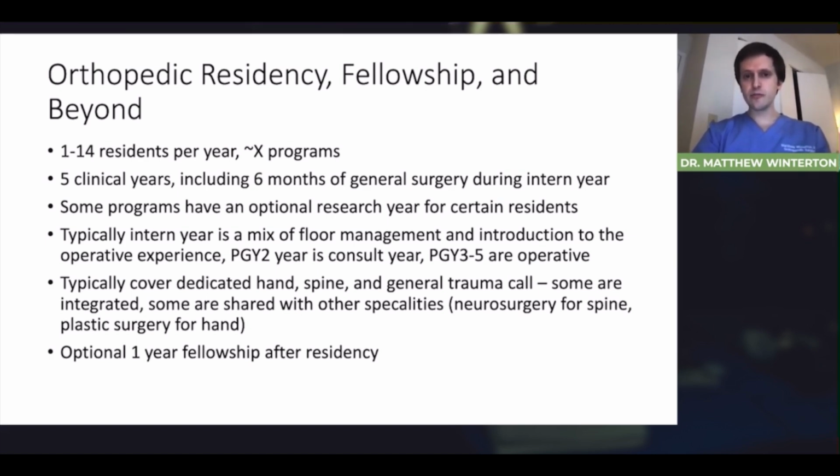Typically, students that don't match have two options. You can either vie for what's called a preliminary slot in general surgery, where you start your intern year and you do a year of general surgery. We'll talk about that in just a minute.